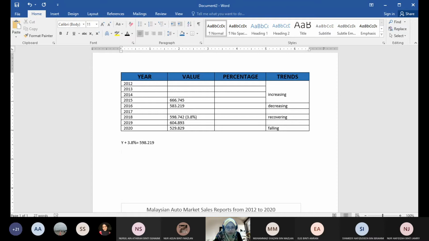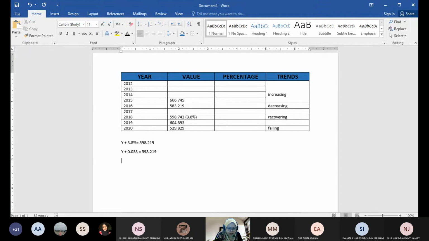So kalau 3.8% tu kita tukarkan kepada decimal, dia akan jadi Y plus 0.038. Okay, so equal to 598.219.